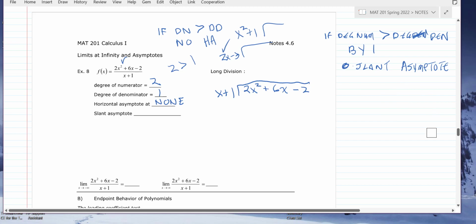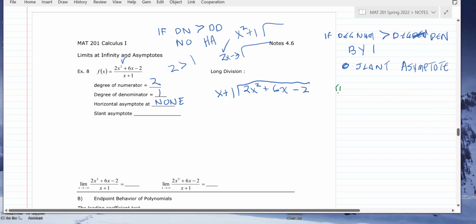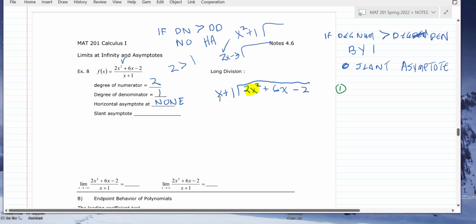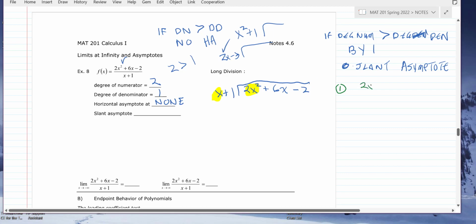Okay, so what I'm going to do is I'll write the steps over here. Sometimes students really need to see the steps carefully to review this. So when we divide these two terms to start with, step 1 is you take 2x squared divided by x. One of the x's cancels out, you're left with 2x. So you record that there.